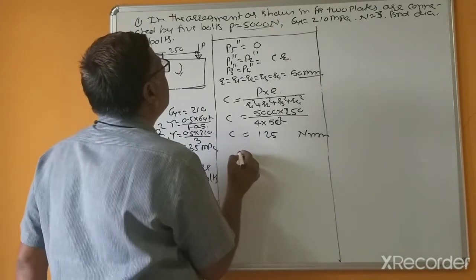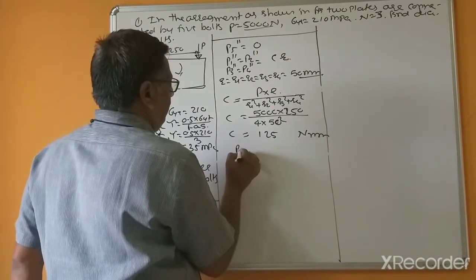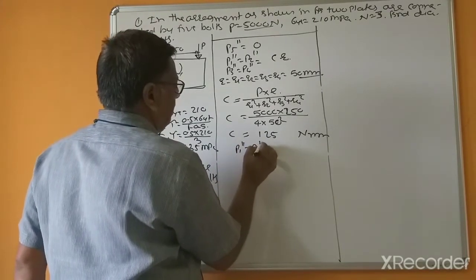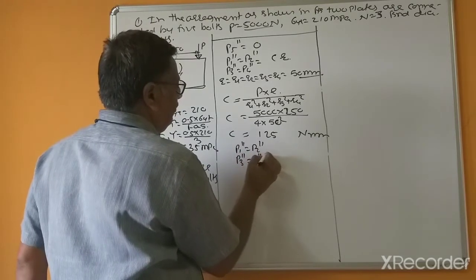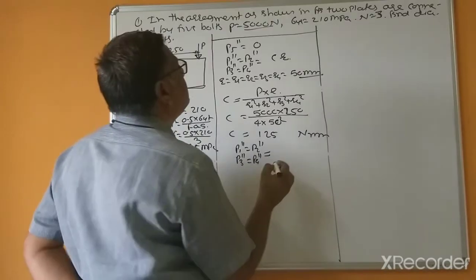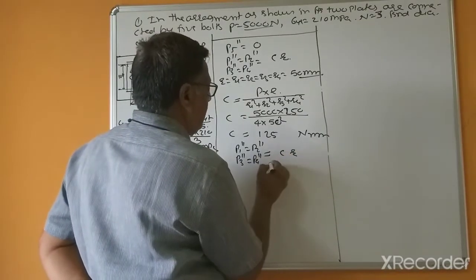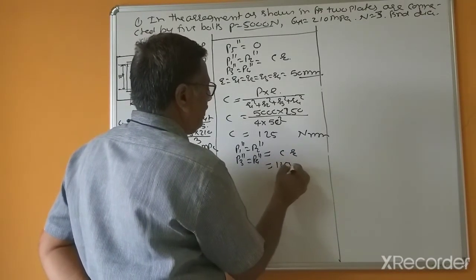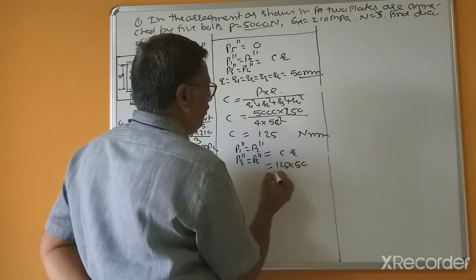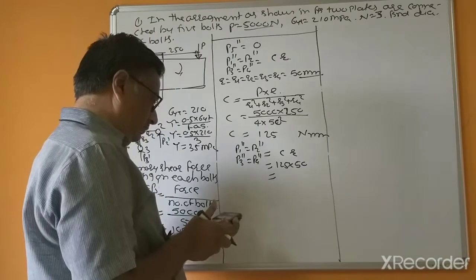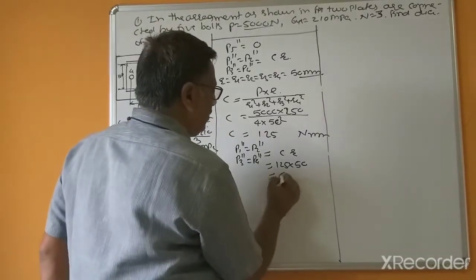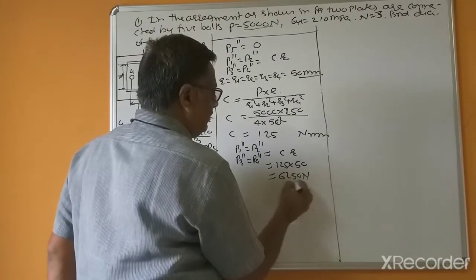Now P1 double dash, P2 double dash, P3 double dash, P4 double dash equal to C into R. C equal to 125, R equal to 50. This is 6250 Newton.